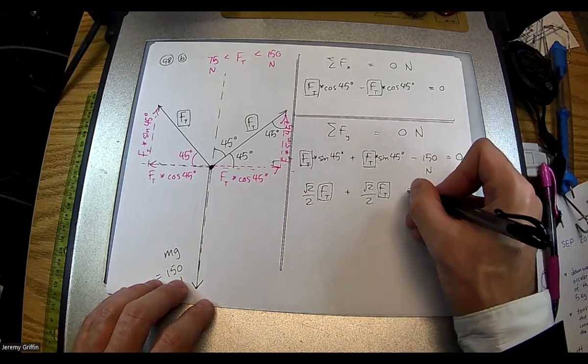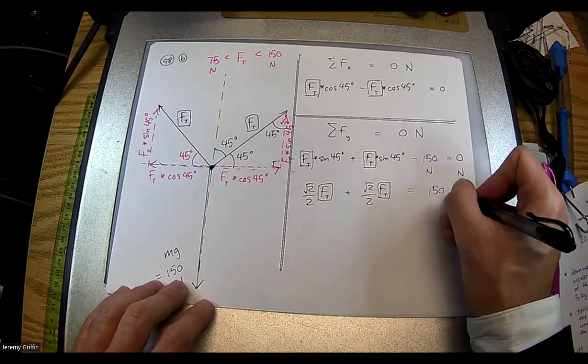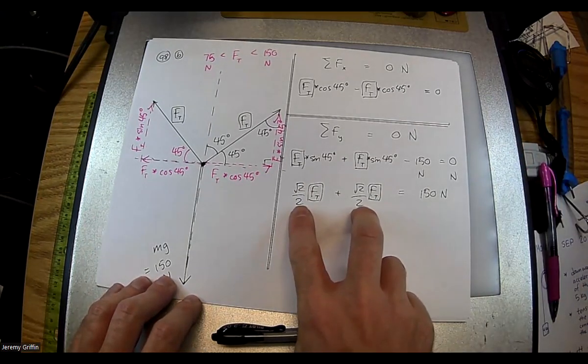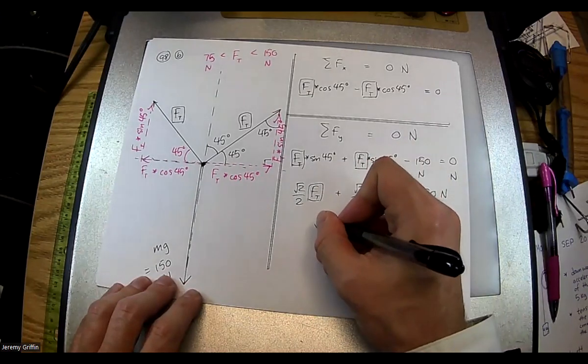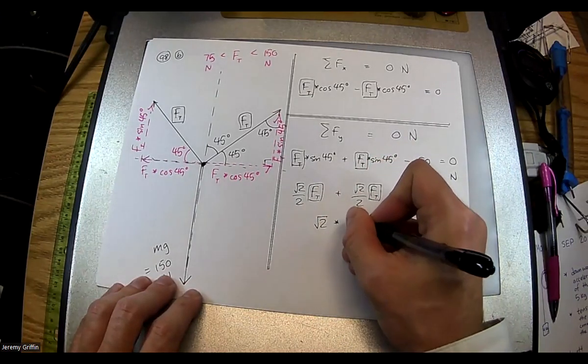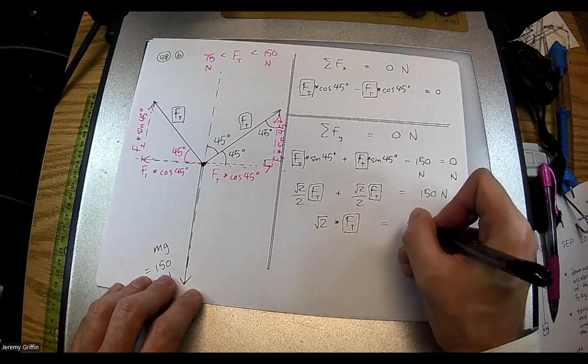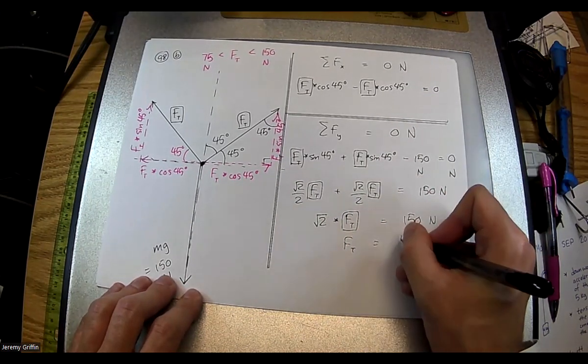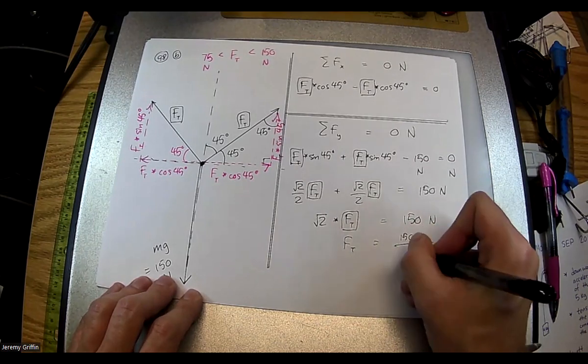Here, I'll add the 150 newtons over. So that's equal to 150 newtons. Right, like that. Half of something plus itself. I think it's just going to be root 2 times the tension force is 150 newtons. So the tension force is 150 newtons divided by root 2.